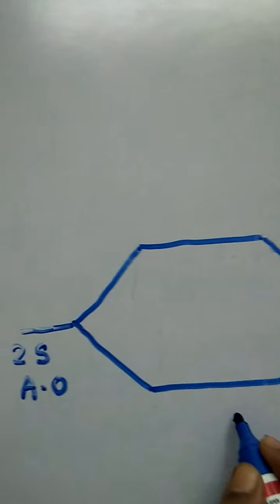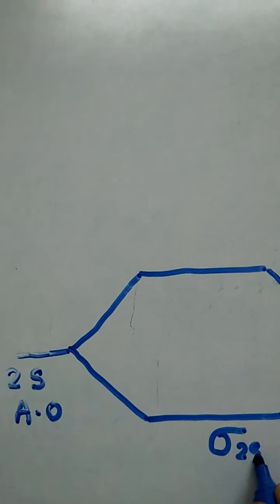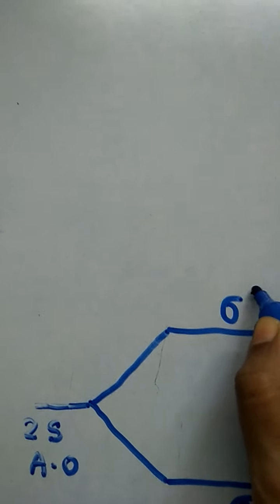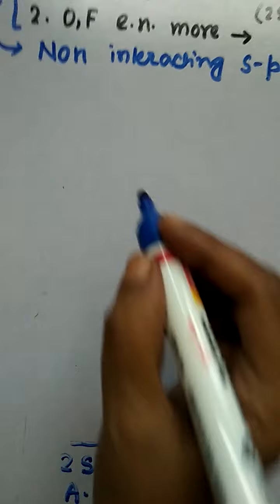This will give rise to one bonding MO, that is sigma 2s, and this will give rise to sigma star 2s. Now comes the p orbitals.